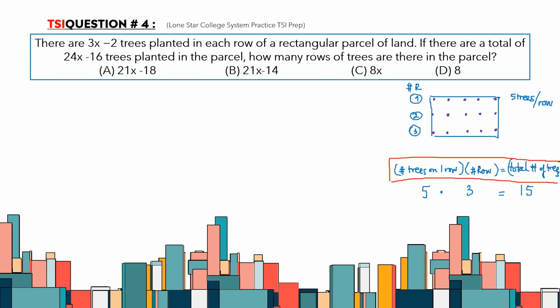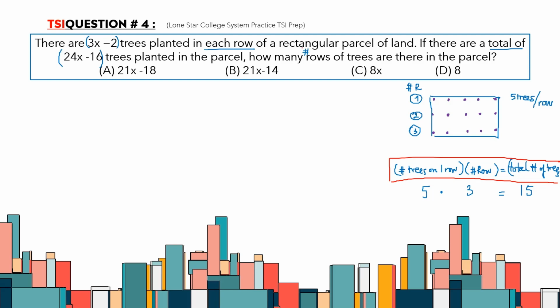They give you in each row 3x minus 2 trees, and the total number of trees in that parcel is 24x minus 16. They're asking for the number of rows.